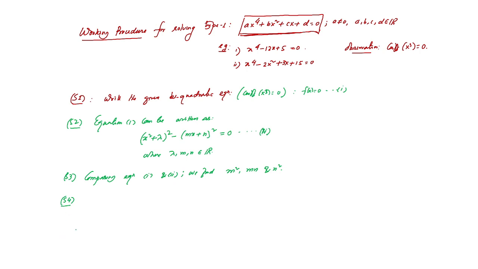So as an example, you are given a problem to be solved by Ferrari's method. Solve the equation x to the power 4 plus 12x minus 5 equals 0 by Ferrari's method.